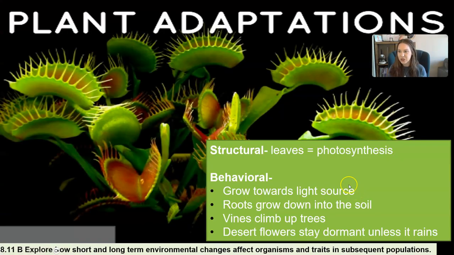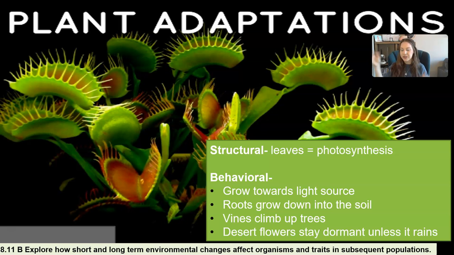Now, plants have structural adaptations too, right? They've got these leaves, and those leaves perform a really important job called photosynthesis. And you know that photosynthesis is how plants get their energy and that they're able to survive and then thrive, okay? And we just mentioned before, behavioral, how they turn towards the sunlight, right? They can grow their roots way down deep into the soil.